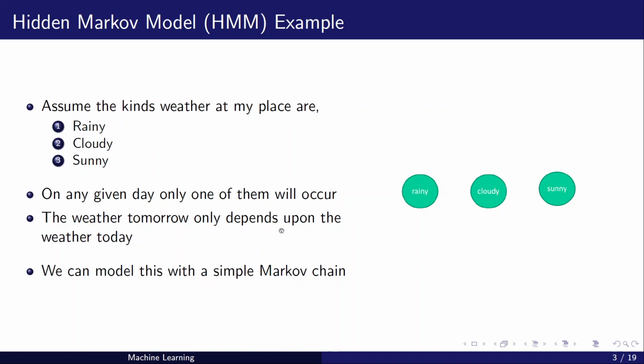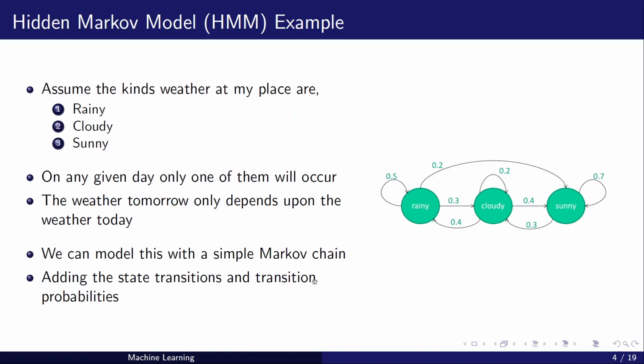So this can be implemented as an observable Markov model or a simple Markov chain. Any weather condition tomorrow only depends upon the weather condition today, so we can discard all the past data. That means it is a Markov chain.